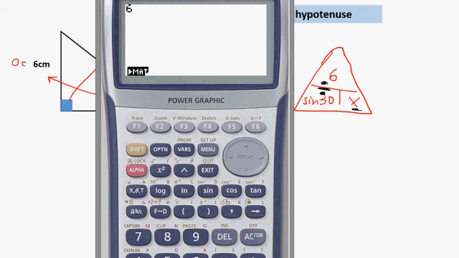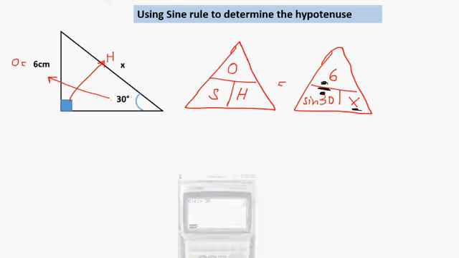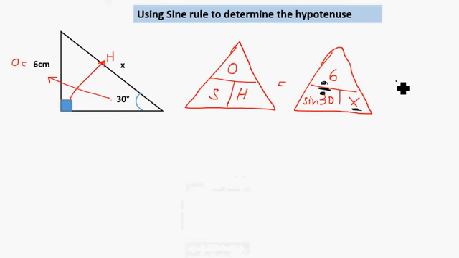So here we're going to have 6 divided by sine 30, and your answer is 12. So x is equal to 12 cm.